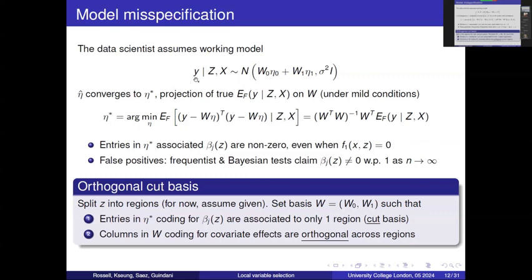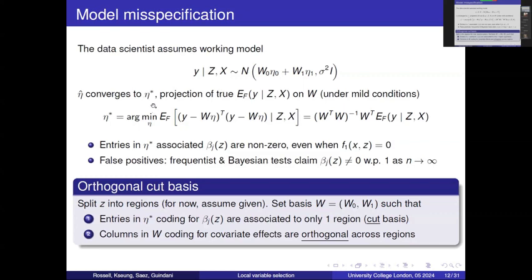In vector notation, the vector y is Gaussian with the mean given by the W's and the etas. W naught is the basis for the baseline, say cubic splines, and W1 is the basis for the local covariate effects. Now, most reasonable parameter estimates converge to some optimal parameter, eta star.